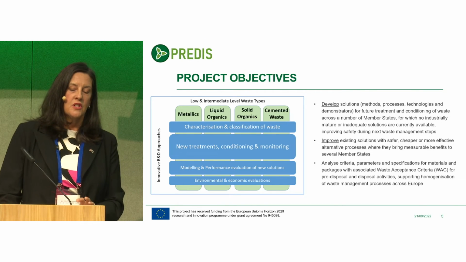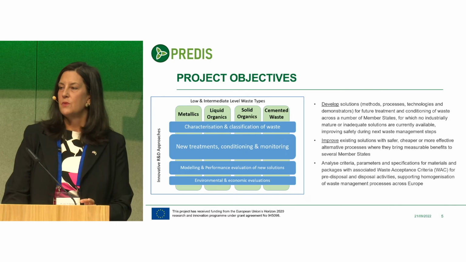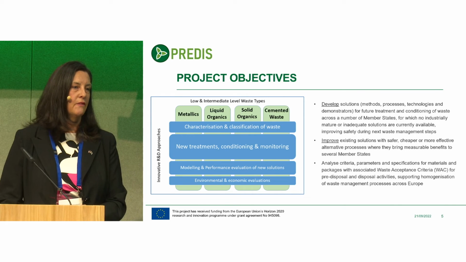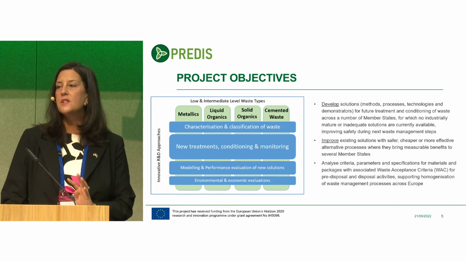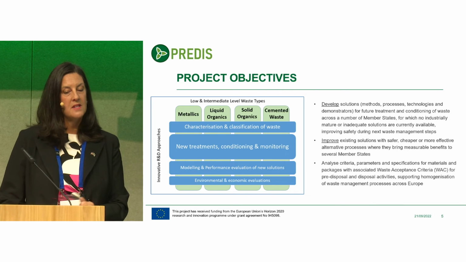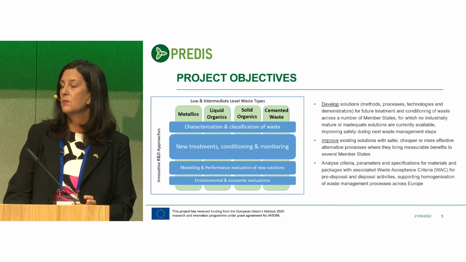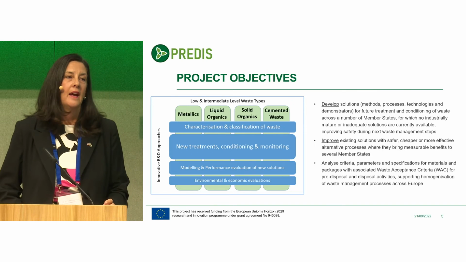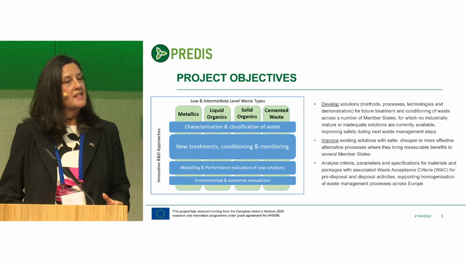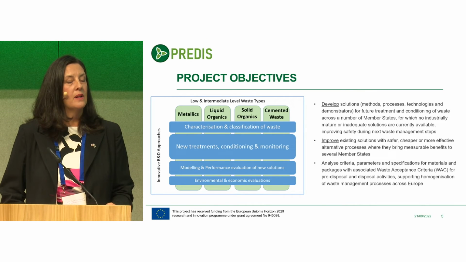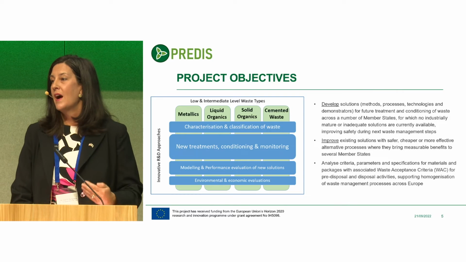The decision at the time of planning the project was to focus only on low and intermediate level wastes and to pick four types of wastes: metallic wastes, liquid organics, solid organics, and cemented wastes, which mostly deals with packages and brings in a lot of issues on digitalization and decision-making related to performance prior to disposal.